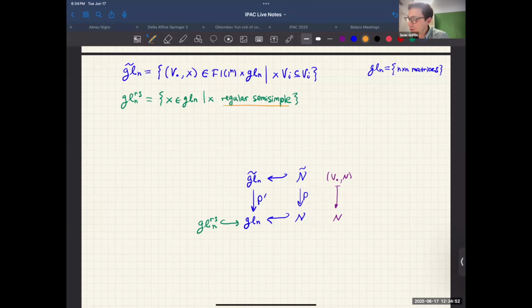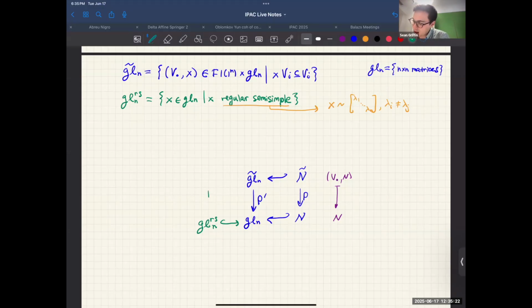Regular semi-simple, meaning that X is diagonalizable. So it's similar to some matrix where you just see the eigenvalues along the diagonal, and such that any two eigenvalues are distinct. So diagonalizable with distinct eigenvalues.